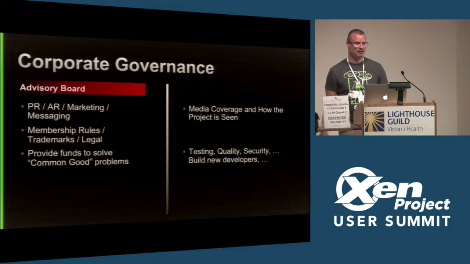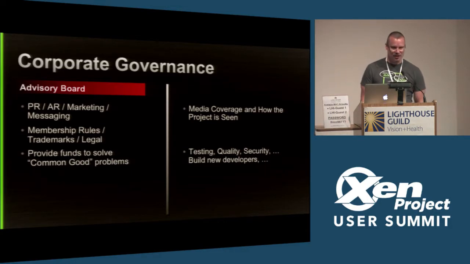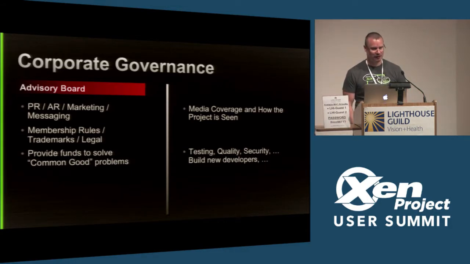This is where it becomes interesting. We actually provide funds to solve common good problems within the community, such as, at the moment, testing, quality, security, and training up new developers. One of the biggest problems we had last year was that the project didn't have an independent test infrastructure.